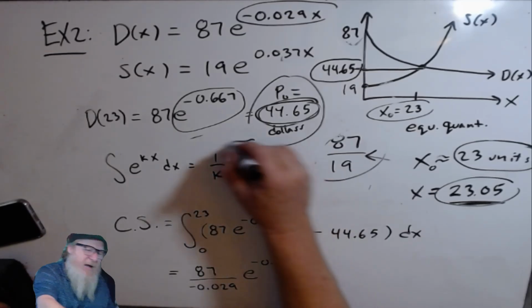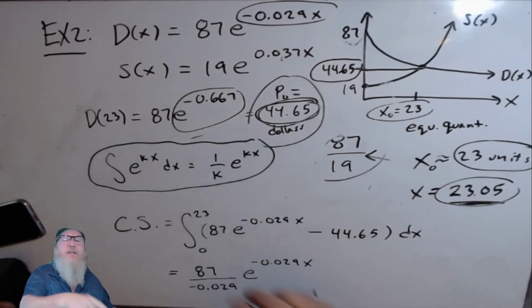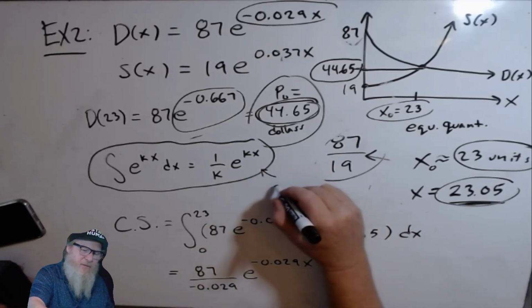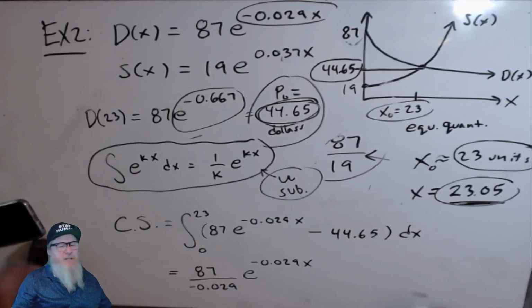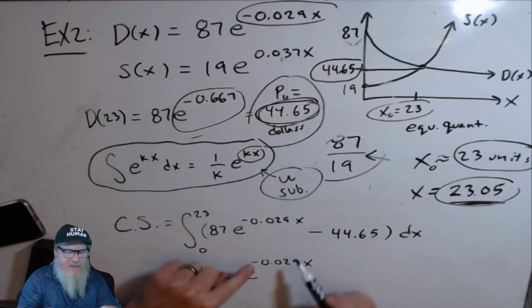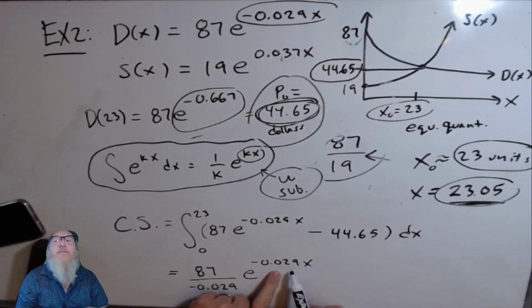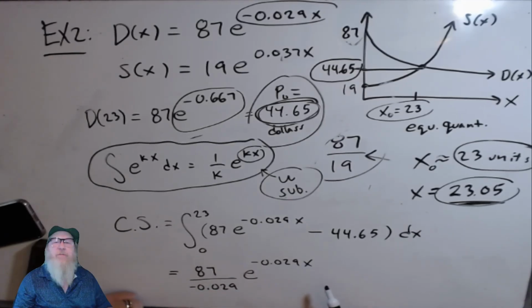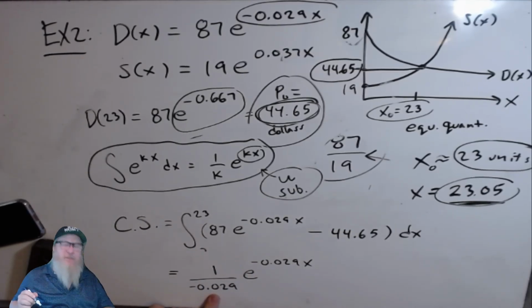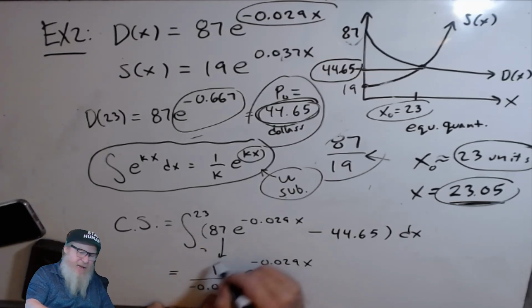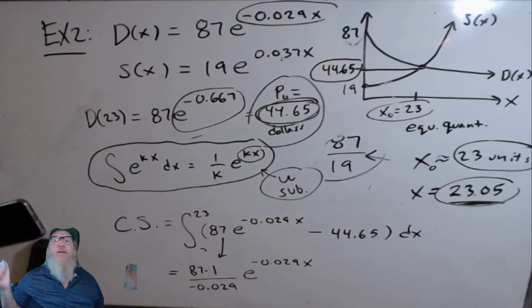That should be obvious from the u substitution section. I call it u sub. So if you replace the kx, where k stands for constant, times x, it's just going to be 1 over k. Right? And then I multiplied it by 87. So this is 1 over negative 0.029 and then times 87. So there you go for your notes.